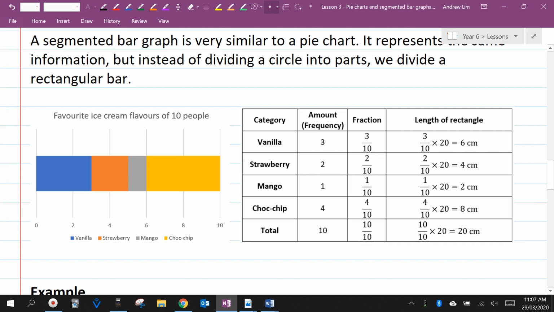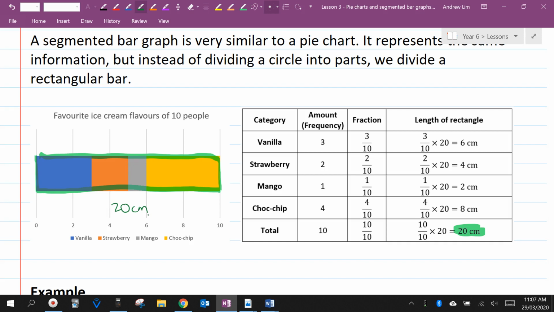Okay, so what I did here was I just thought of a number. I just assumed that I'm going to make my big rectangle 20 centimeters long. Okay, 20 centimeters sounds like a good length when drawing this up.